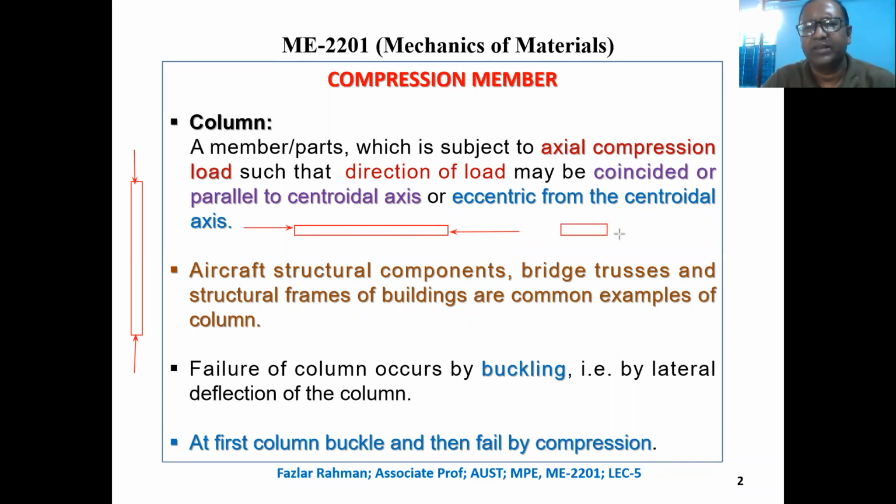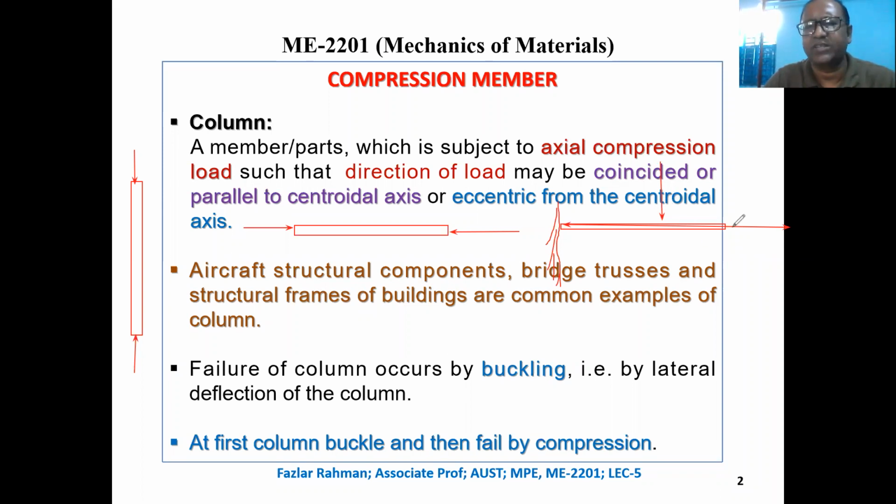This is the difference. But in beam, say this is beam, and if you have a support, say fixed support in the left side, then you can apply load anywhere, right? What you see, the direction of the load, it make angle 90 degree with the longitudinal axis of the body.